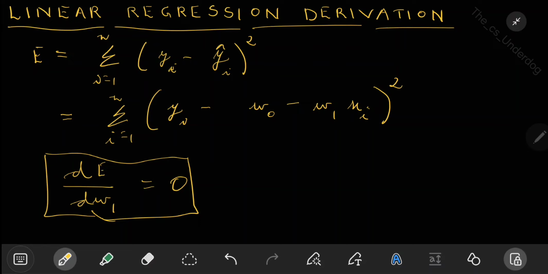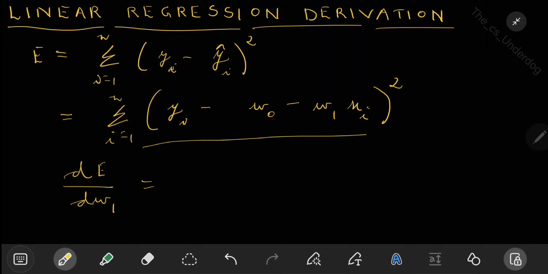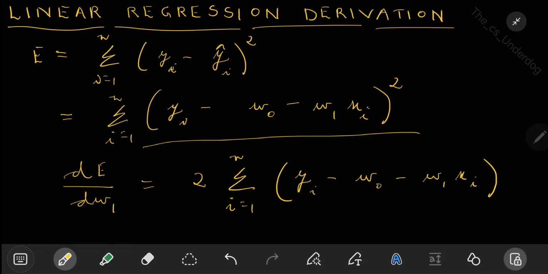Okay. So if you take the derivative with respect to W1, what will it become? For this term, I'm taking the derivative with respect to W1. So the first thing is this square term 2, it will come to the other side as it came on the previous one as well. Sigma i equal to 1 to n, yi minus W0 minus W1 xi into, now we have to take the derivative of this term, minus W1 xi, with respect to W1.